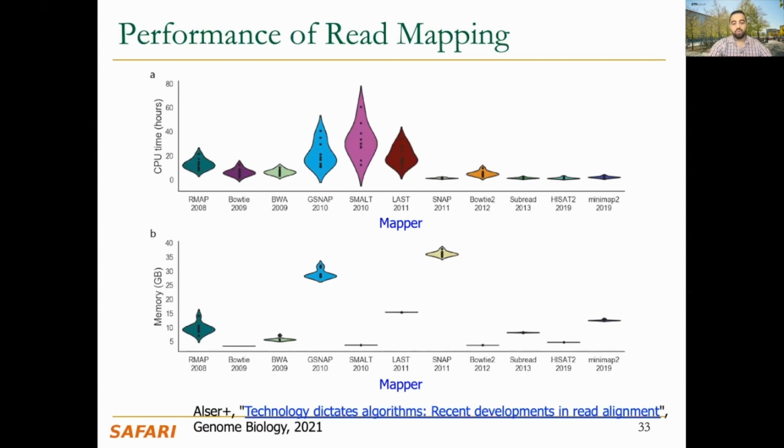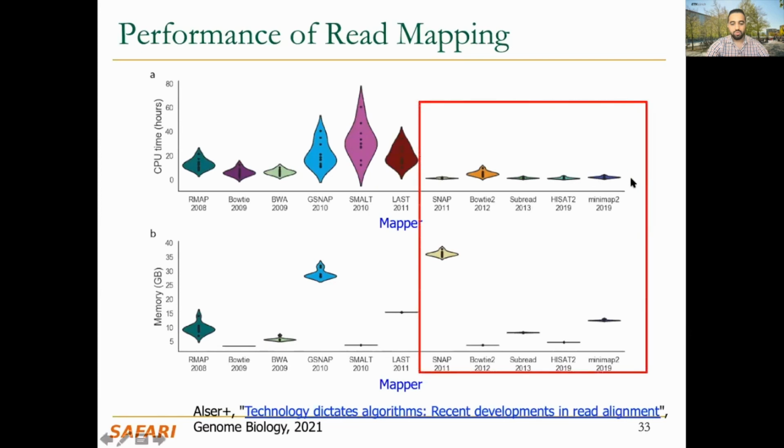That's why it's very important to maintain the speed of the tool. But for memory, let's not worry about it, since we already have at least 32 gig in typical or traditional computers. That also tells you the trend, or the need for a very fast read mapping process.